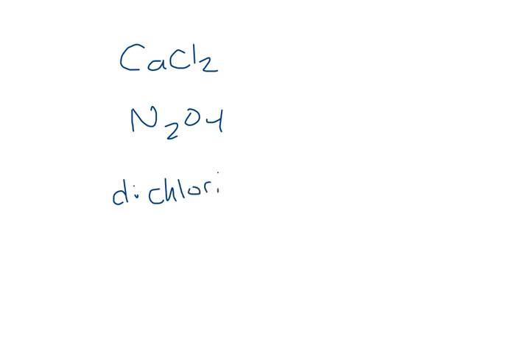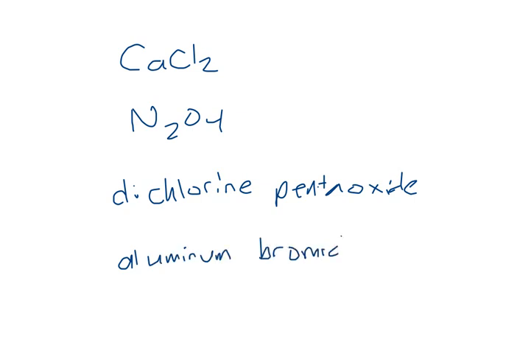If I were to give you CaCl2, or if I were to give you N2O4, or if I were to tell you dichlorine pentaoxide, and let me do one more, aluminum bromide. If I were to give you these examples, could you do this?